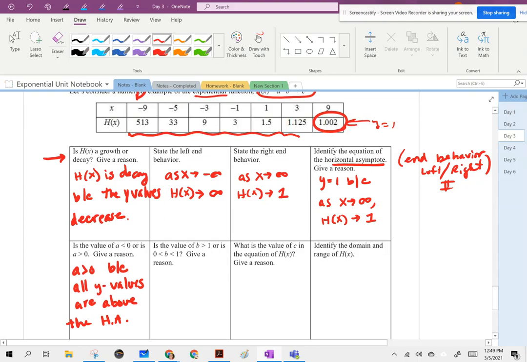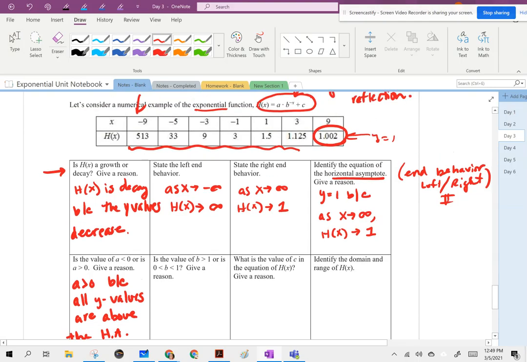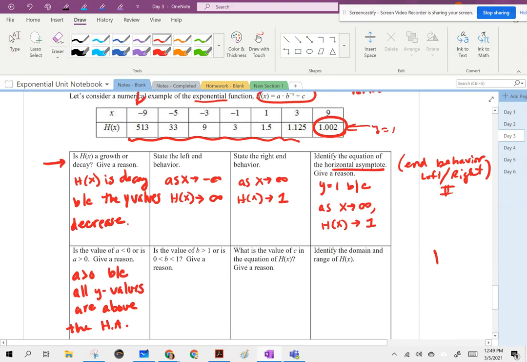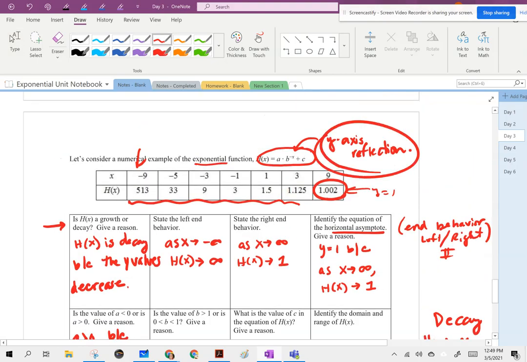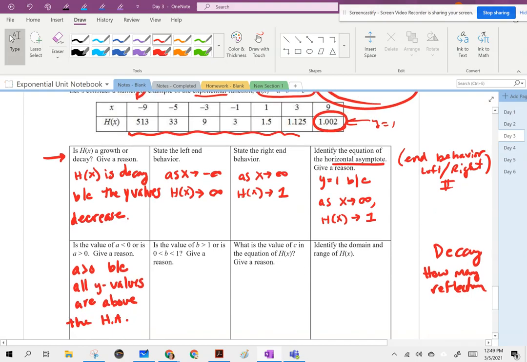All right, let's take a look at the b value. Okay, remember, we know that this is decay. How many reflections? Okay, you have to determine how many reflections. Here's one reflection, the y-axis, and there is no other reflection for the a value. So we have a total of 1 reflection.